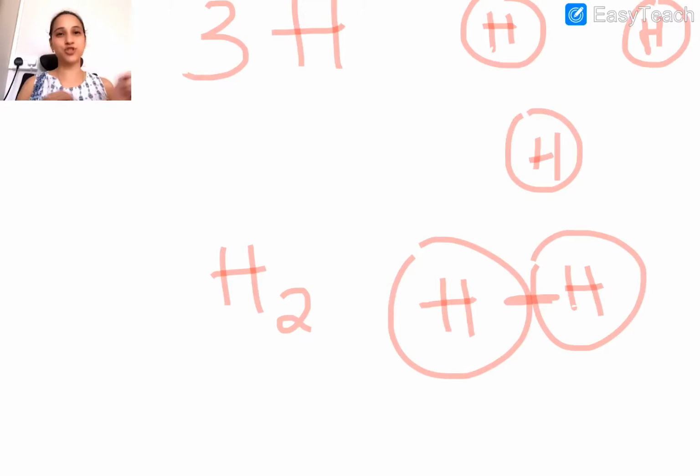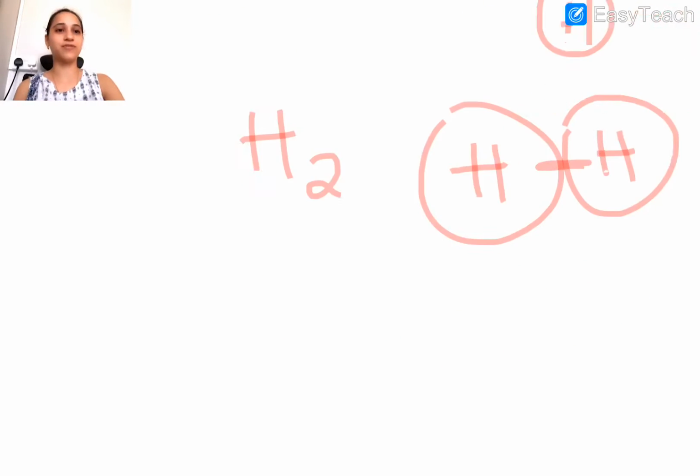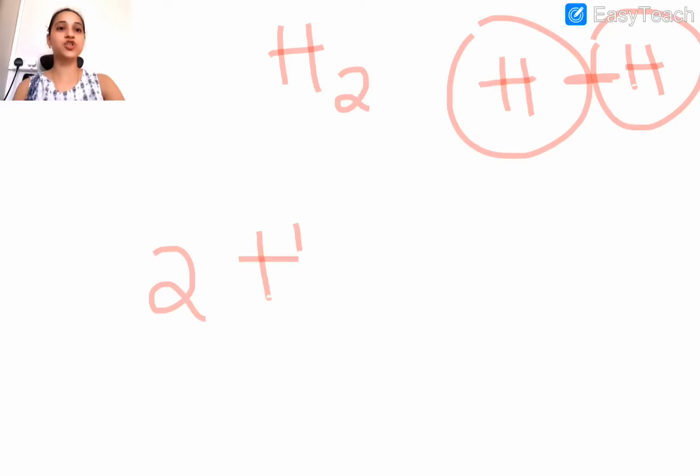If I have to show it, we're using the models that I have. So if I draw 2H, it would be this: H, H. They are not bonded, they exist all alone, roaming around.